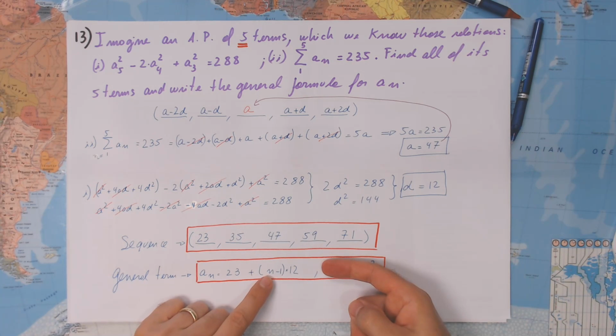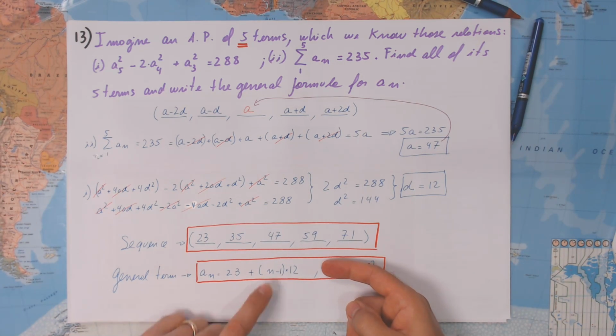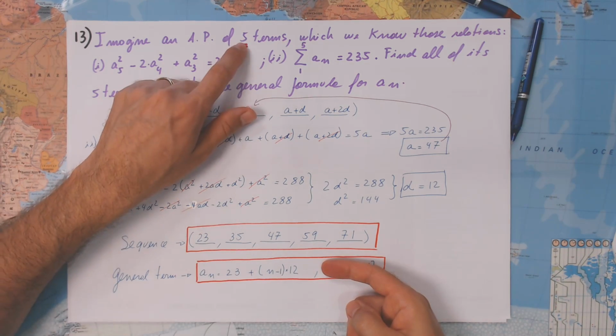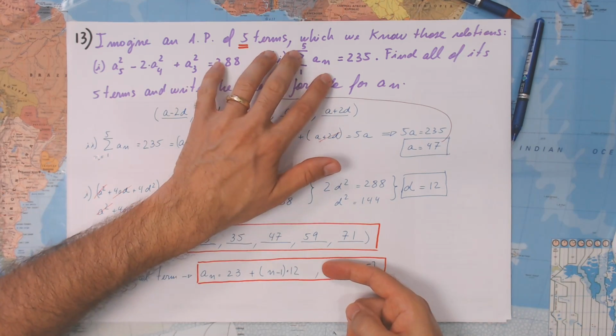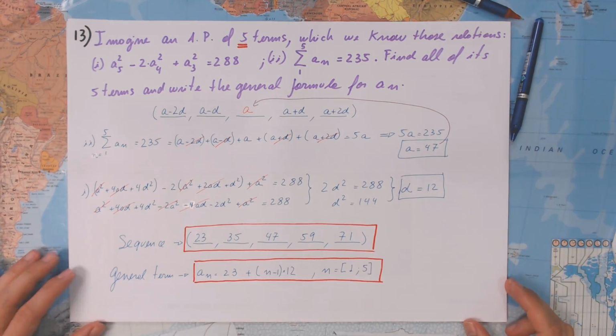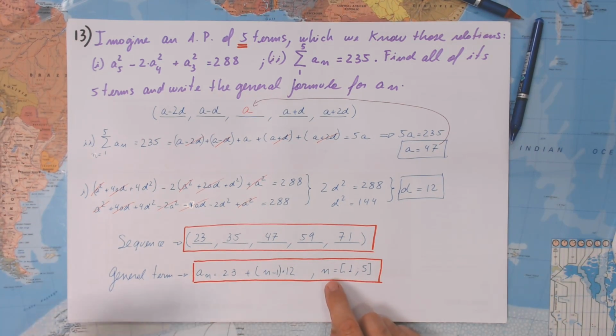Because if you just write this, I can put n equals 50, 100, 28, and if I just plug in n equals 10, I'm going to get A10, and A10 does not belong to this sequence that I created here. So we have to make sure that we establish that n goes from 1 to 5. This is very important. And that's it for our problem.